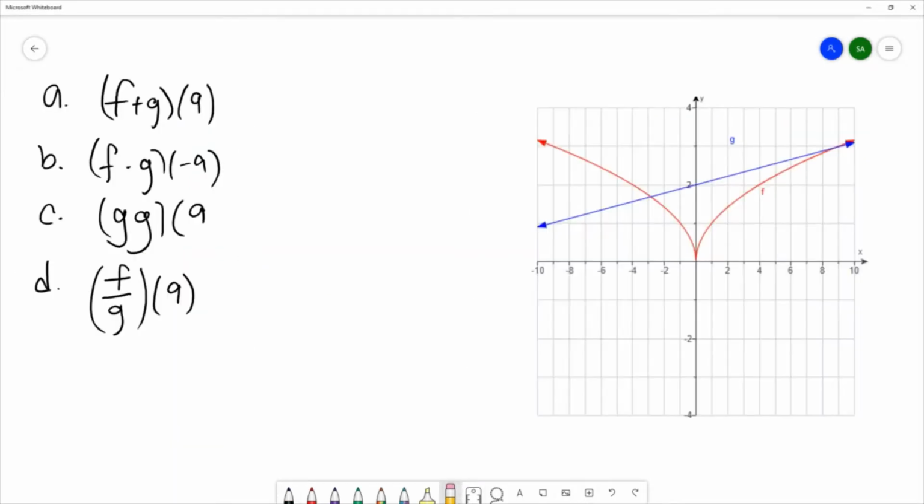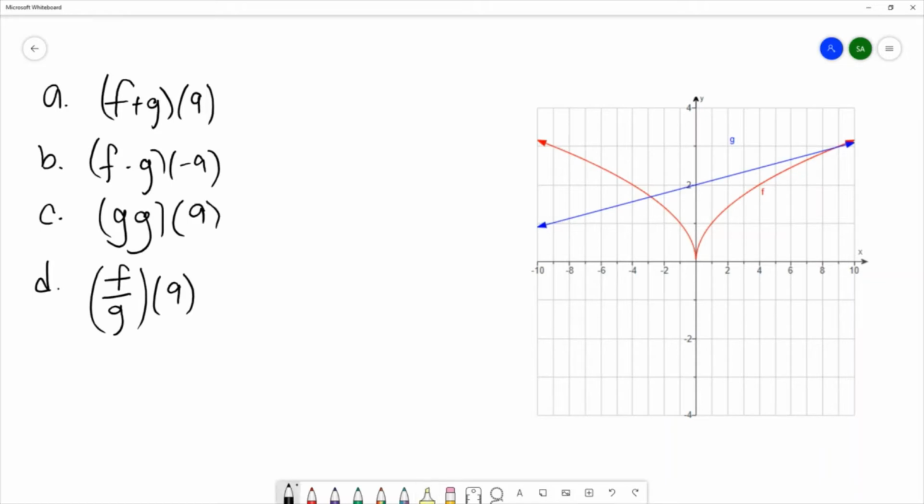On this question, we're given a graph of a function named g, which is this blue straight line, and another function called f, which is this red line. We have a couple questions over here, and the questions involve adding, subtracting, multiplying, and dividing these functions.